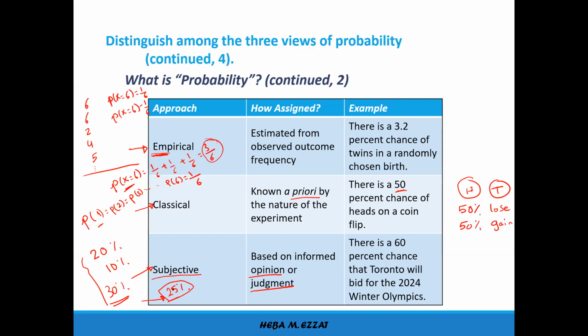I'm basing my estimation upon some previously observed outcome or frequency that happened in another country. Also, if I am saying that what happened in SARS, that the spread in the fourth week was 10%, so I think it will be 10%, in this case, it's also empirical because it's based on some observation.